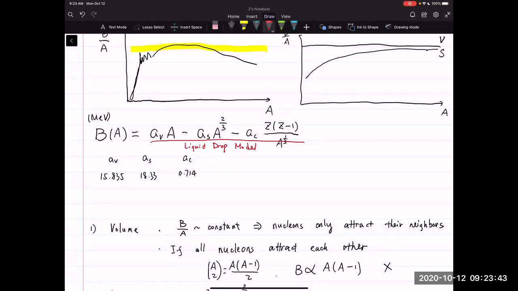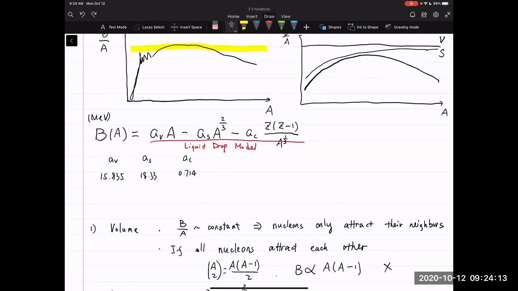Even though this is a very simple model, it can already be very useful for us to understand this curve. Let me come back here to draw what this curve looks like if you add the third term. The third term is proportional to Z squared, so this effect is more and more for heavier and heavier elements. So with the third term, this curve will look like this. Now we have a maximum here.